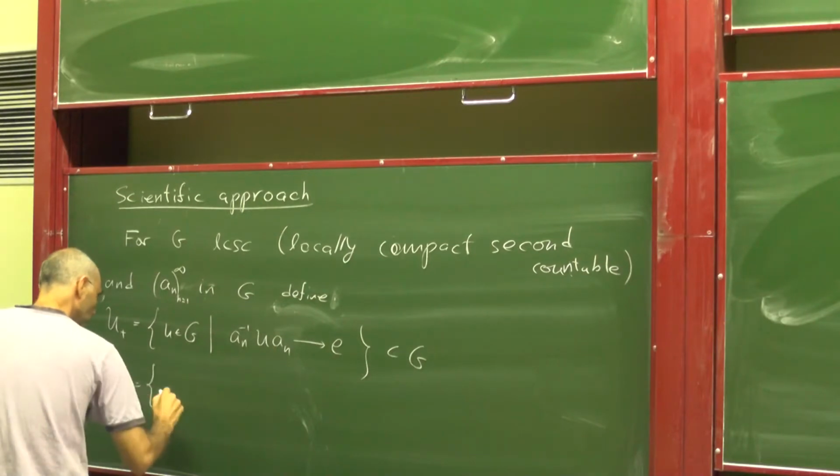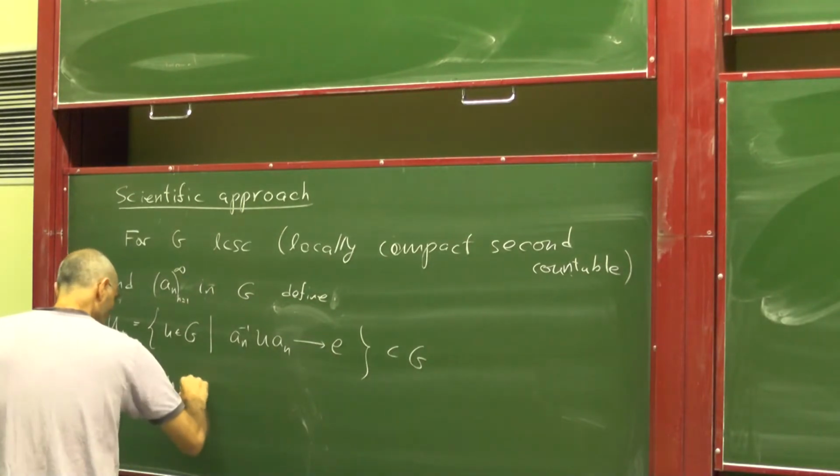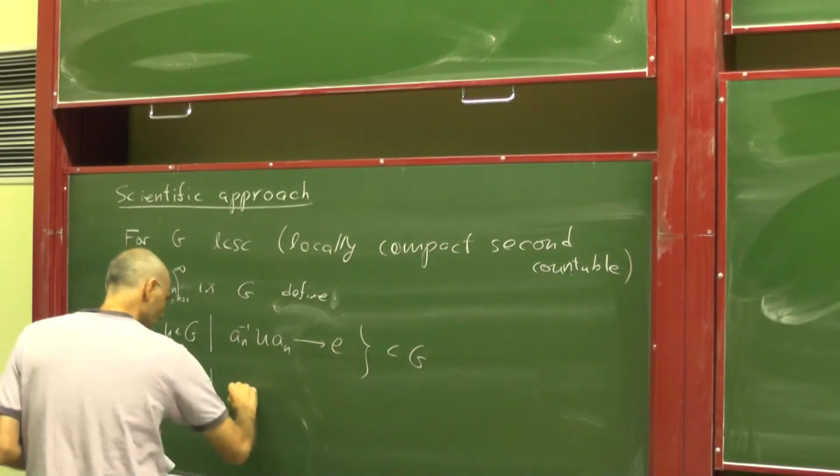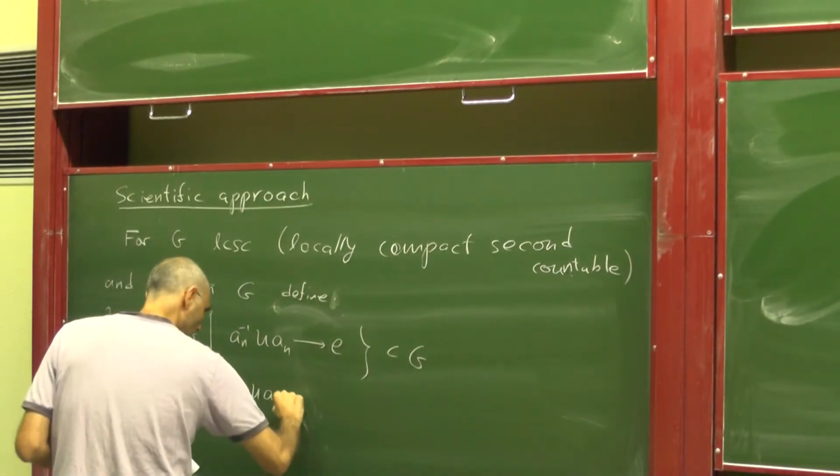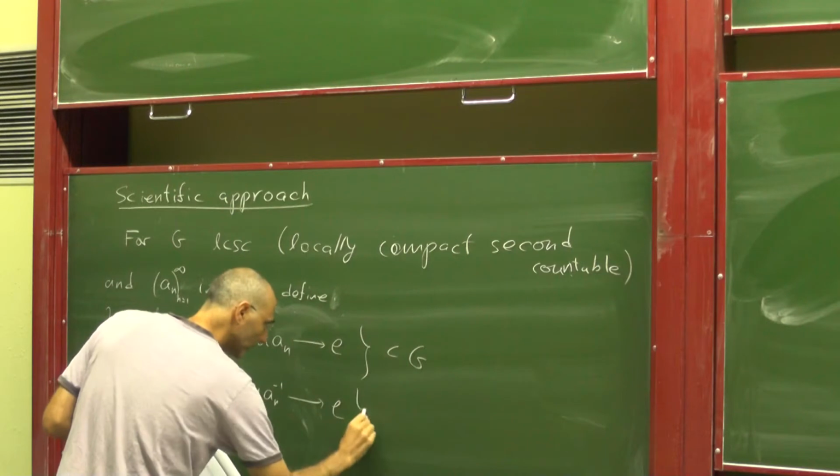Similarly, I will define U minus for the inverse sequence. These are the contracting groups.